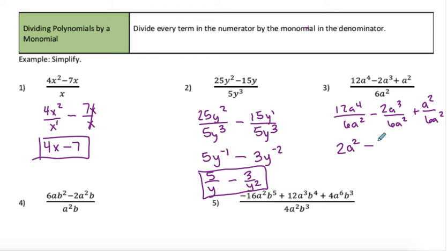Minus 2 over 6 is 1/3. 3 minus 2 for my exponents is a to the first. Plus, here I would have 1 over 6, doesn't simplify. And a squared over itself cancels to 1. So here would be my quadratic, 1, 2, 3 trinomial here.